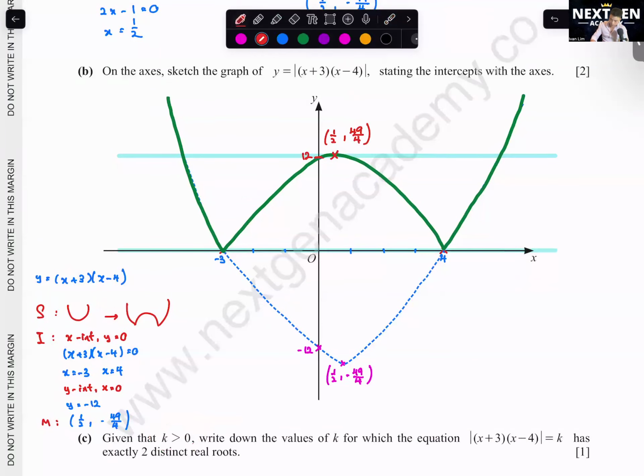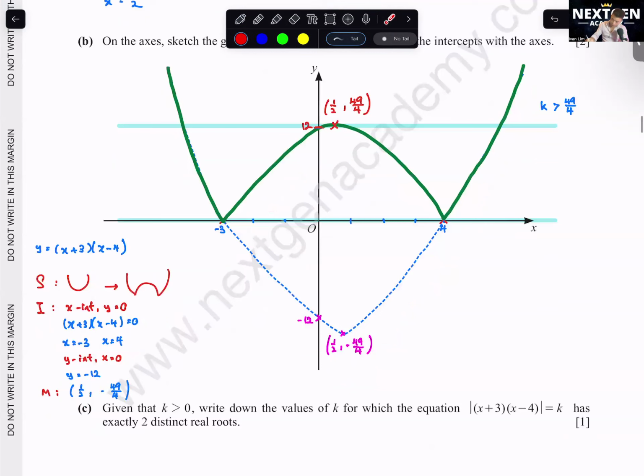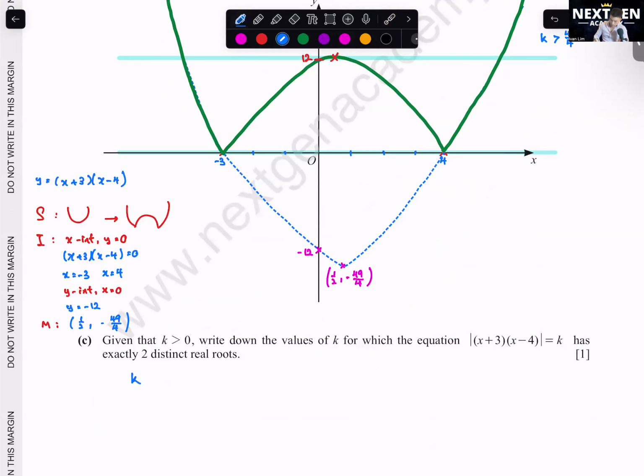This one will be k more than the y value, 49/4. Anything above here is all 2 points of intersection. At the turning point, it is 3 points of intersection. In between 0 and 49/4 is 4 points of intersection, or 4 distinct real roots. So the only answer that we want for this question is k more than 49/4.